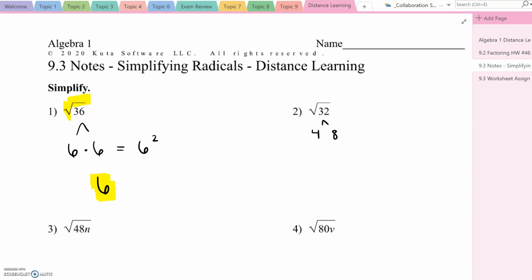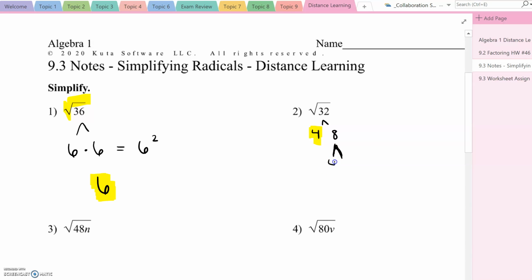But 8 times 4 or 4 times 8 is 32. We could even break these numbers down even further if we wanted. Is 4 a perfect square? Hopefully you answered yes to that. Yes, 4 is a perfect square, so we could leave that one alone. What about 8? Could we break 8 down into any other perfect squares?